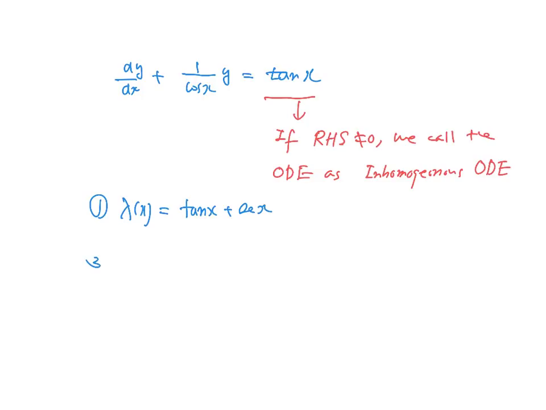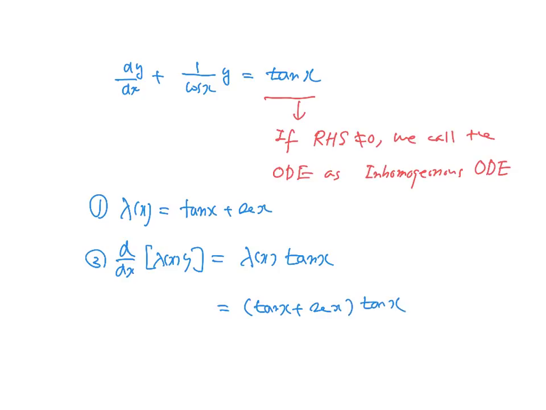So d/dx of lambda x times y is actually lambda x times tangent x, tangent x plus secant x tangent x, tangent square x plus secant x tangent x. I think my handwriting is horrible, so it's x.